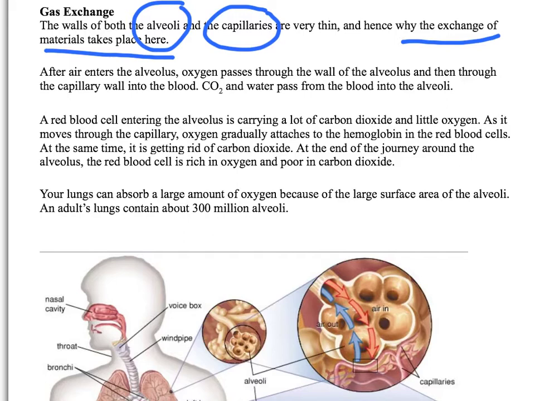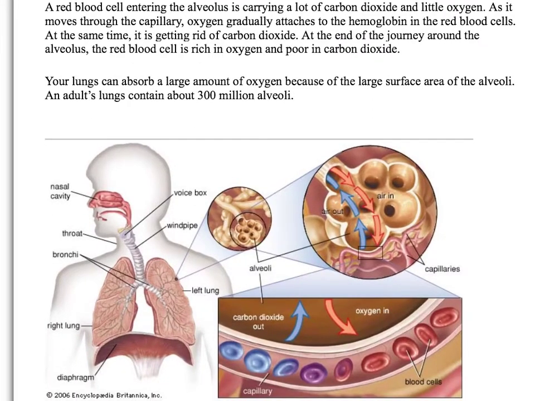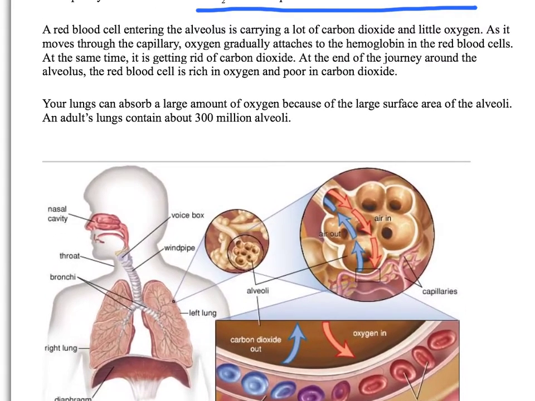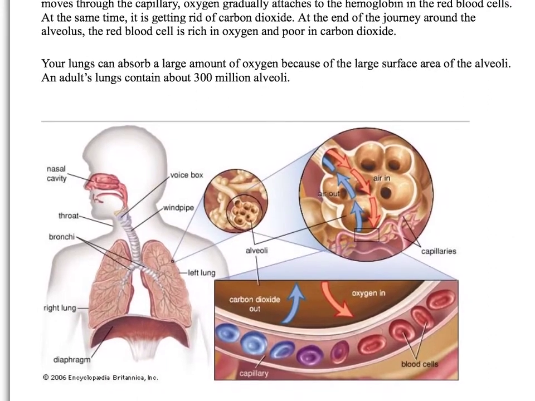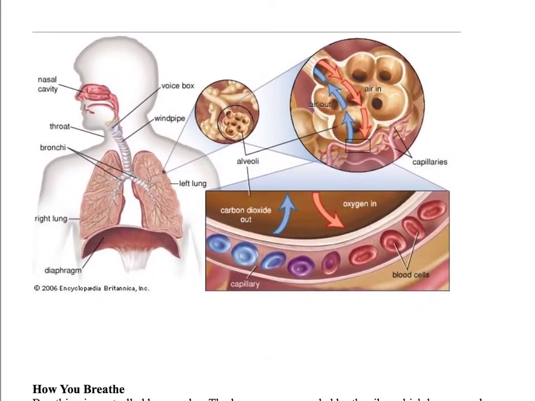At the same time, CO2 and water pass from the blood into the alveoli, and then that's going to get breathed out. So a red blood cell that enters the alveolus is carrying a lot of carbon dioxide, a little bit of oxygen, and as it moves through the capillary, it's going to attach to the oxygen.